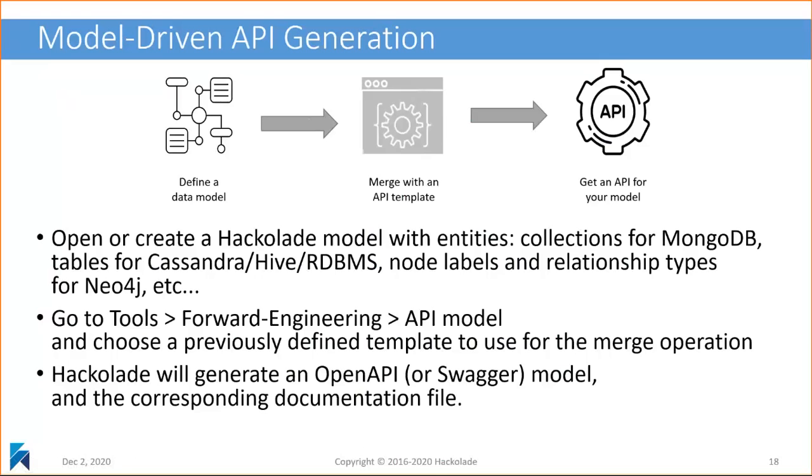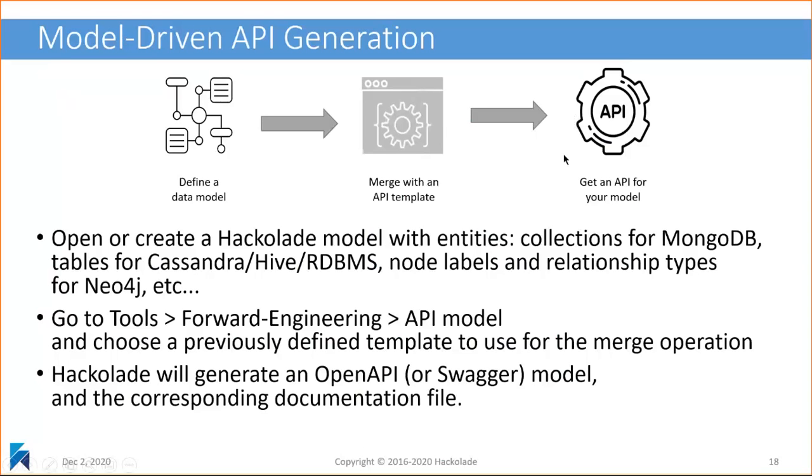You may have multiple templates for different API profiles, but you need to pick one template in this second step. And finally, you get the API generated by Hacklite on the basis of the previous two steps. You may do some editing before you finalize it, and you can insert it into your process.